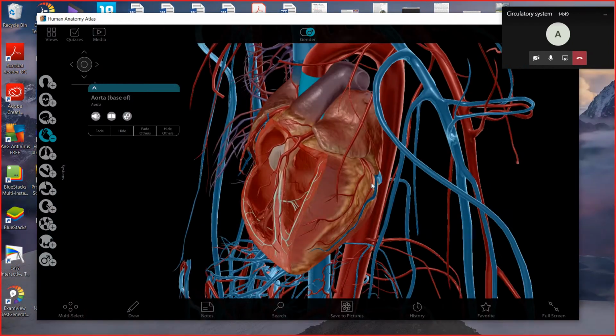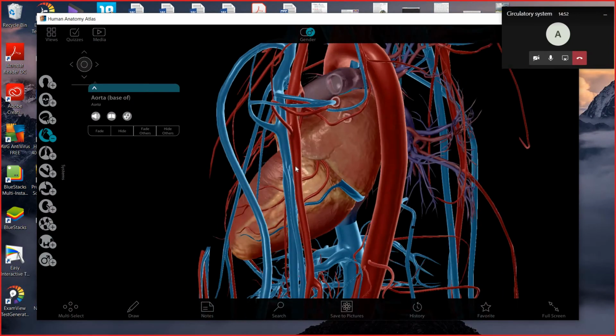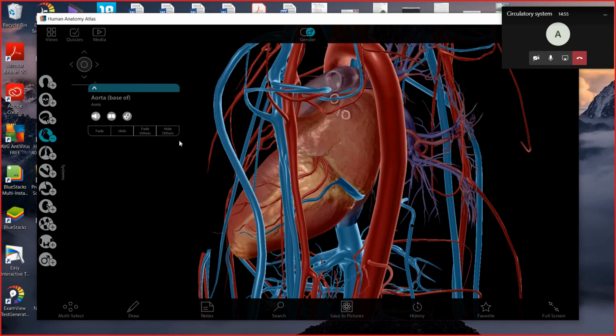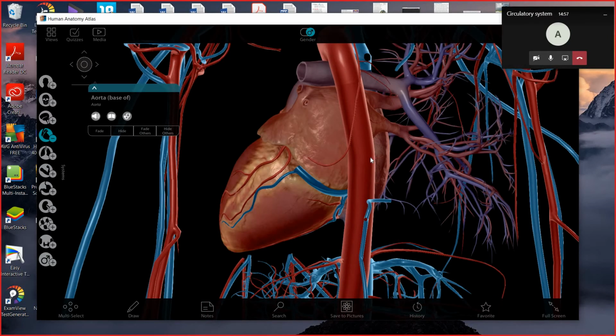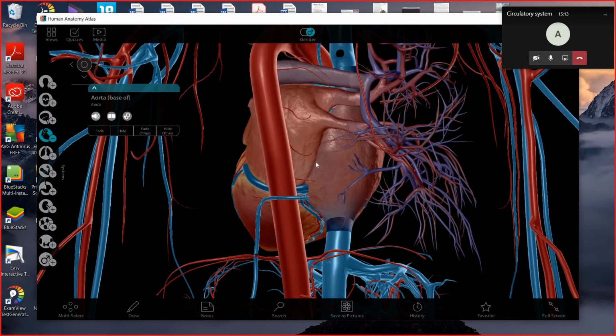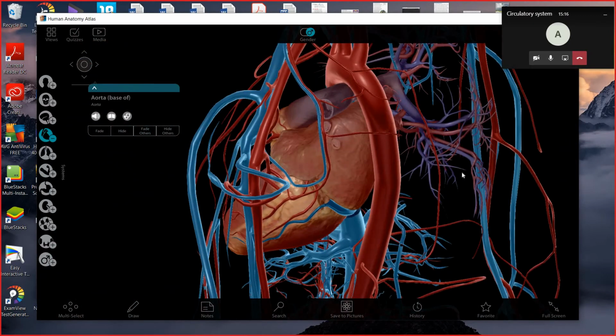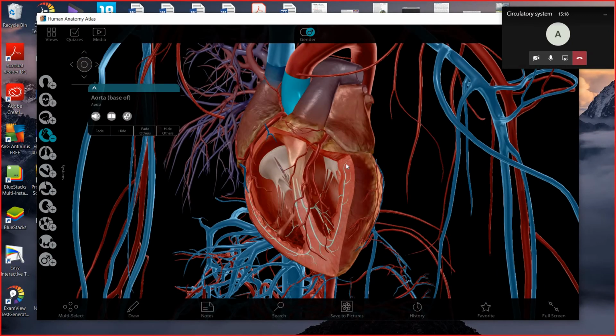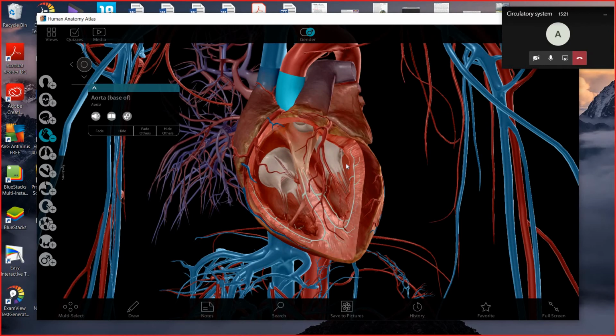Any vessel with red color indicates that the blood that moves in this vessel has oxygen, or it is oxygenated blood, or we can call it blood rich in oxygen. So any red vessel means that the blood inside it is oxygen-rich blood.